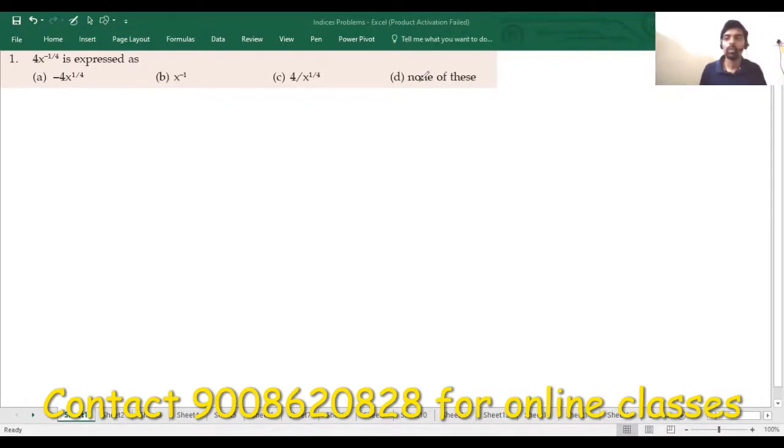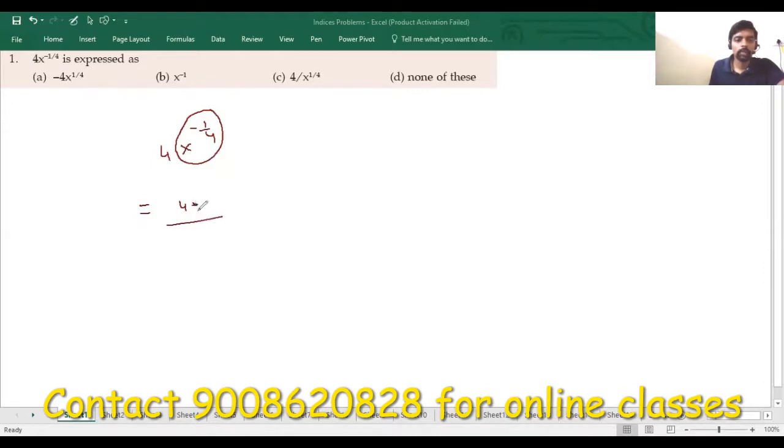All right, so we shall go to the questions. Now please read the first question, guys. 4 into x to the power minus 1 by 4. Guys, the exponent is negative. If the exponent is negative, we shift that to the denominator.